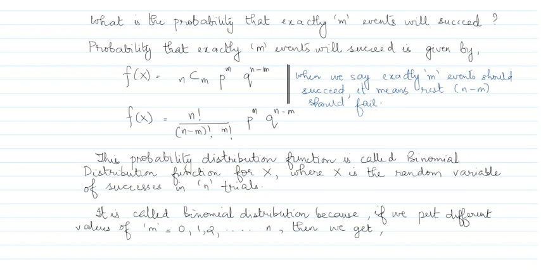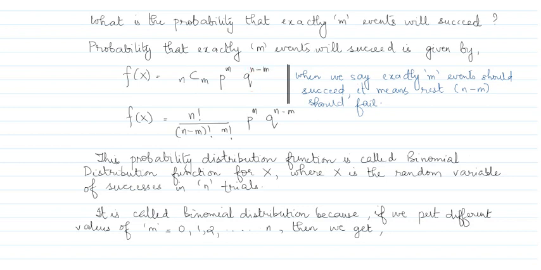So the probability that exactly m events will succeed out of n is given by nCm. These are the number of ways in which I can select m out of n, and each has a probability of p. So for m events, the probability of success would be p raised to m, and every event has a probability of failure q, which is 1 minus p, and I want to ensure that the rest n minus m events fail.